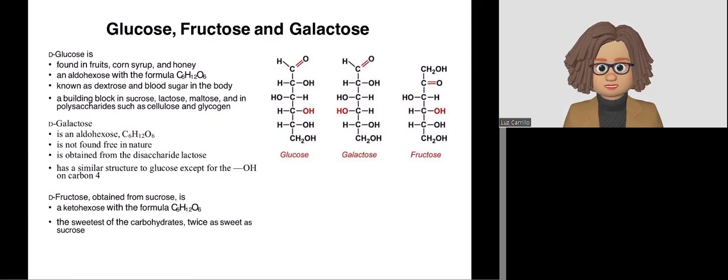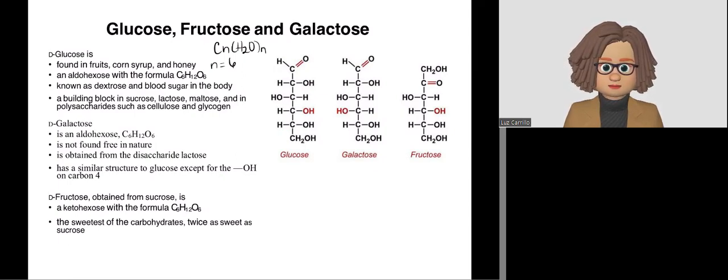Its chemical formula, since it has 6 carbon atoms, means that n equals 6 for the general chemical formula CnH2nOn, so glucose has the chemical formula C6H12O6. Glucose is also known as dextrose. And whenever sugar needs to be detected in our blood, glucose is the sugar that is being detected.